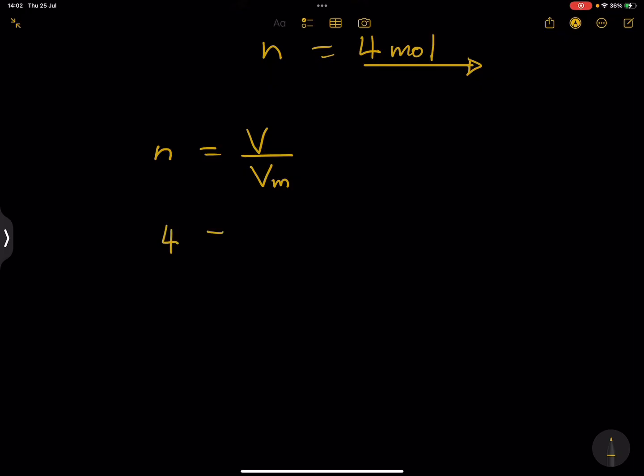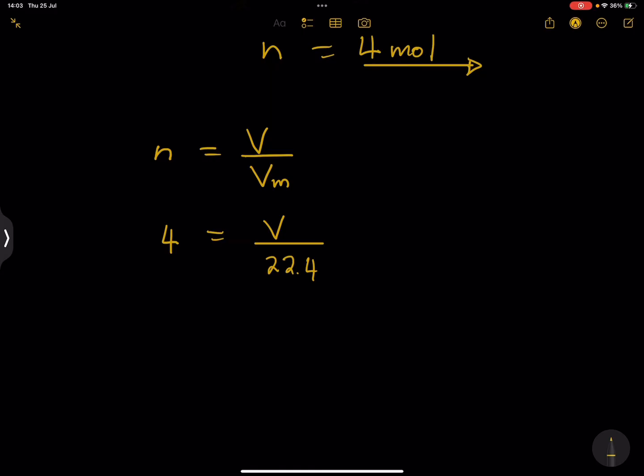I'm looking for the volume, and I know the molar volume is 22.4 at STP. Now, ladies and gents, if it was at a different temperature or a different pressure value, we would be given a molar volume that is not the one at STP. So the moment they give us different conditions, they need to give us the molar volume at those conditions.